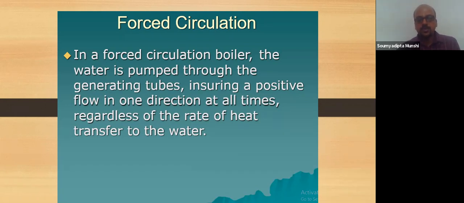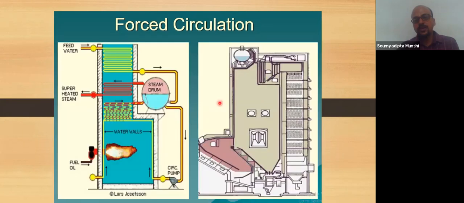To regulate the flow through various tubes, plates are used. This system is applicable in some regions, say when the pressure is 200 kg per centimeter square. Here you can see a schematic of the forced circulation.